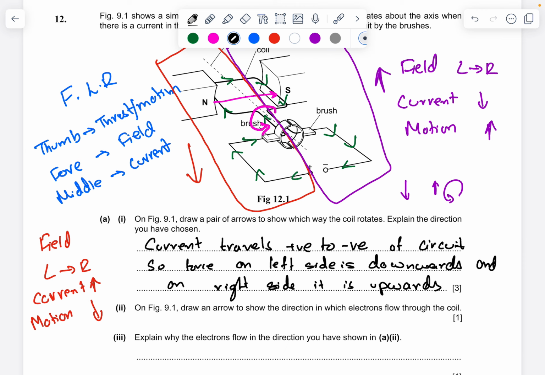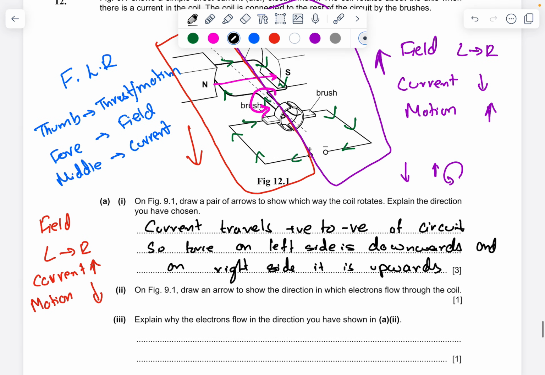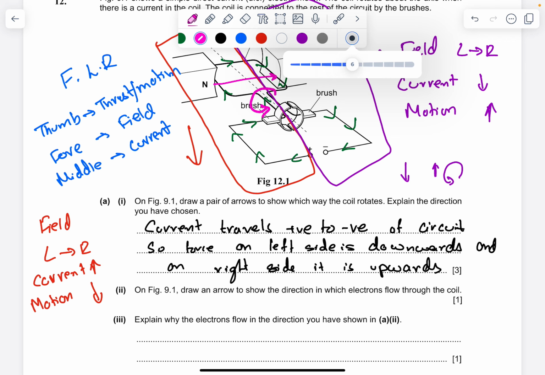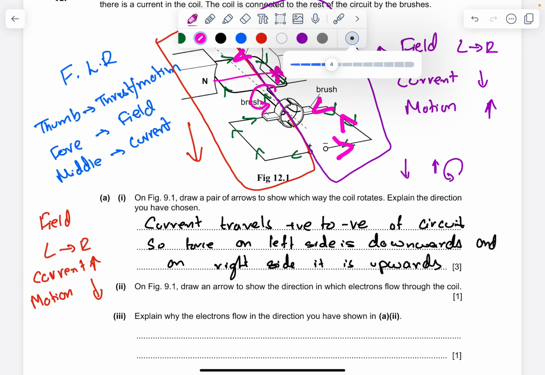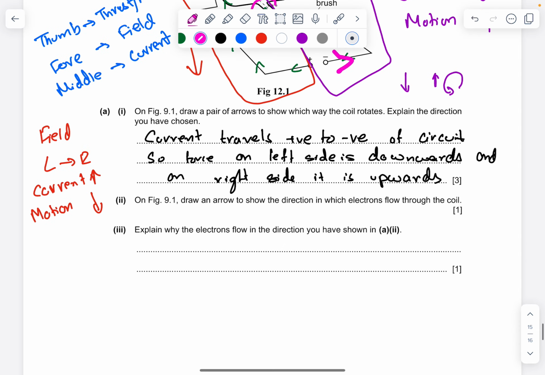On figure 9.1, draw an arrow to show the direction of the electron flow. Electrons will always be flowing in the opposite direction, so we draw the electron flow in this direction. Why do the electrons flow in that direction?